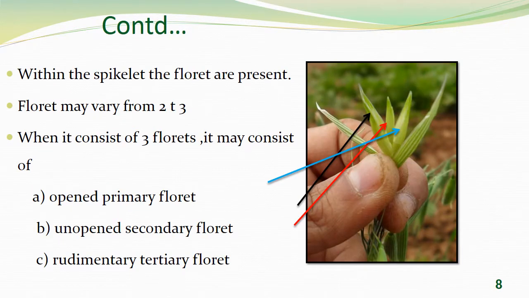Within the spikelet, the florets are present like this here. Florets may vary from 2 to 3. When it contains 3 florets, it may consist of an opened primary floret, the outer one, then an unopened secondary floret, that is this bigger one, and a rudimentary tertiary floret, that is the central one.